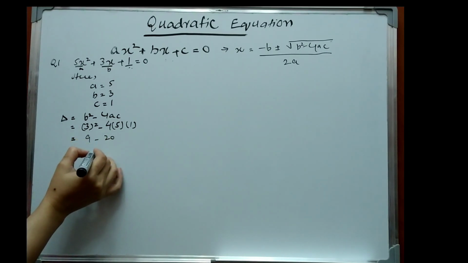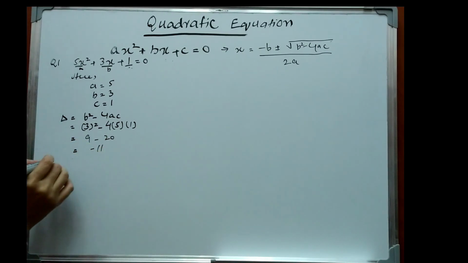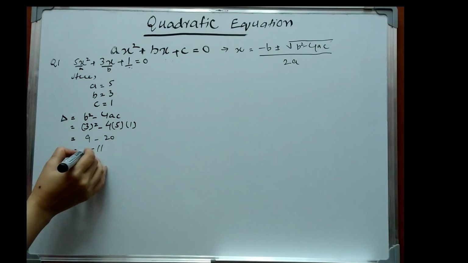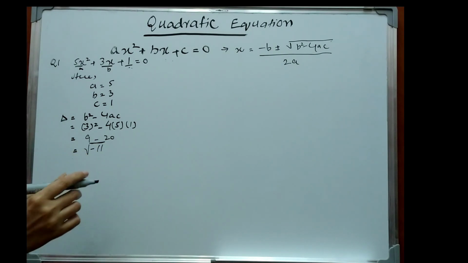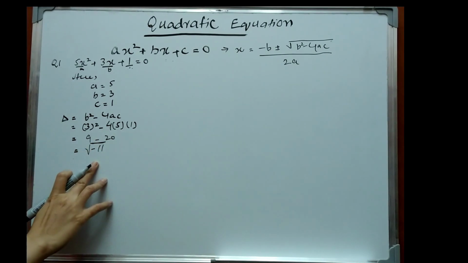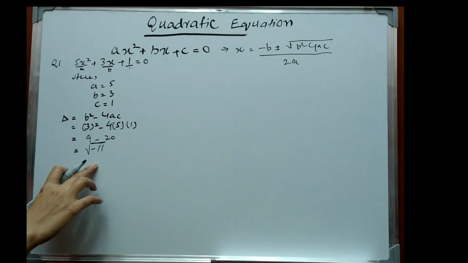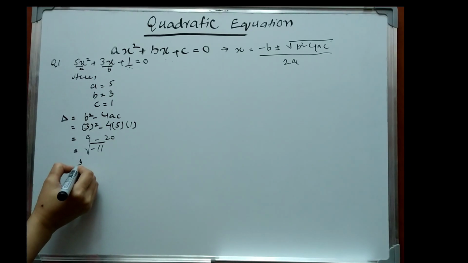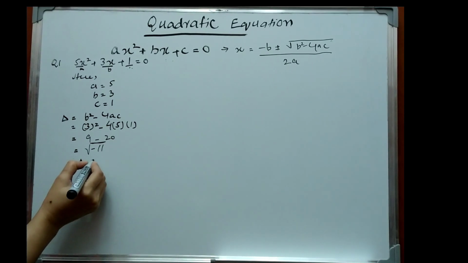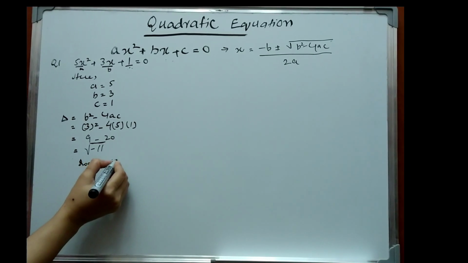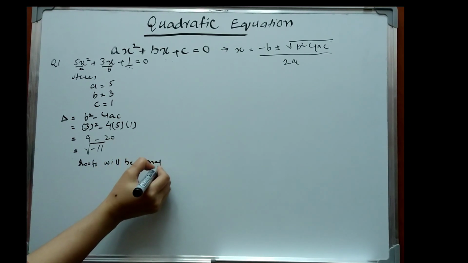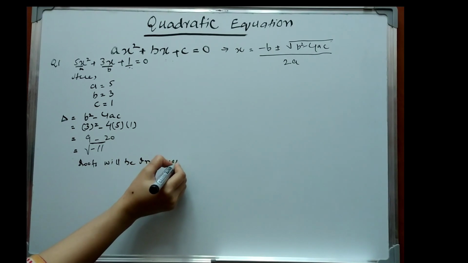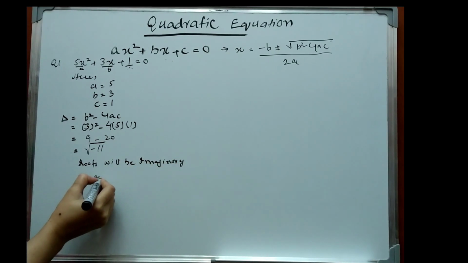After subtracting, we get minus 11. If we take the root of minus 11, it will be imaginary or complex. This is not a perfect square and not a whole number. So the roots will be imaginary or complex.